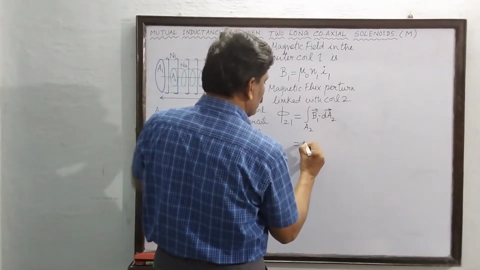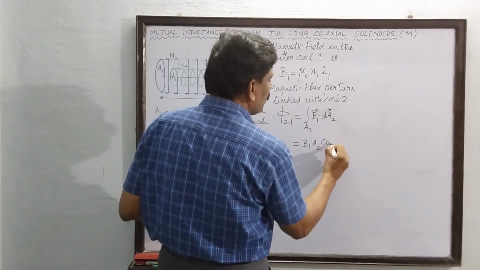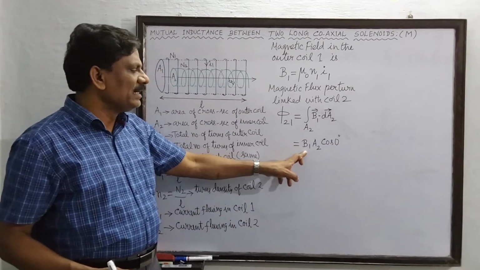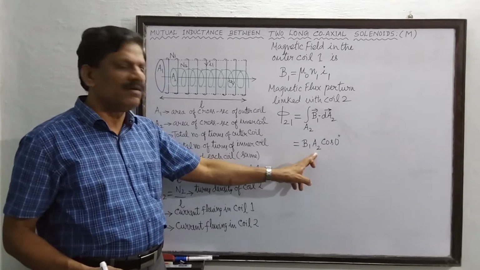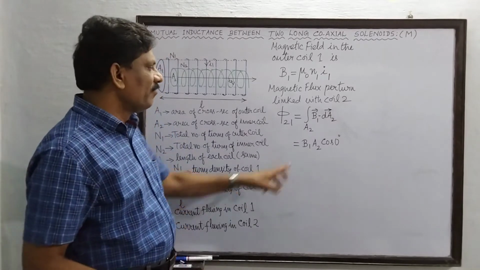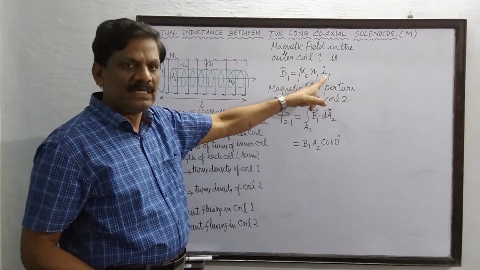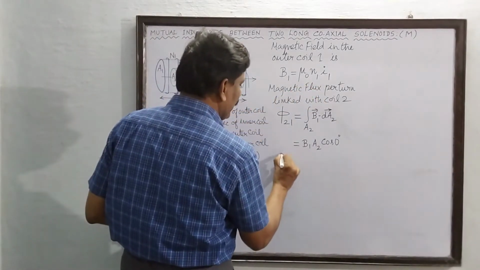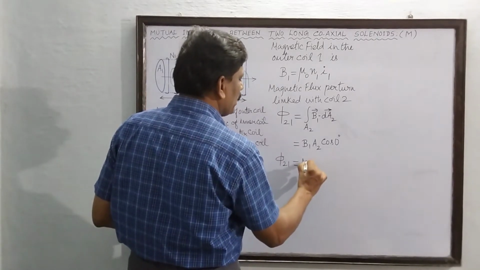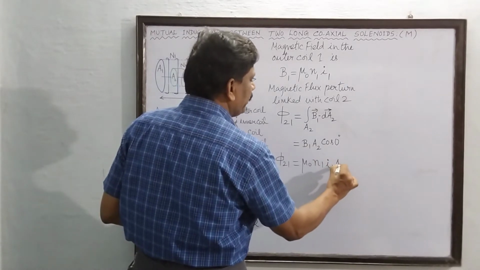Therefore this is equal to B1 into area A2 into cos 0, because the angle between the magnetic field of the first coil and the area of the second coil is 0. So cos 0 is equal to 1. And for B1, what shall we substitute now? Mu naught n1 into I1. So I can write the flux phi 2 1 is equal to mu naught n1 I1 into A2.